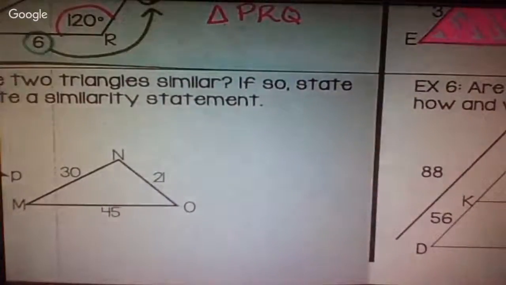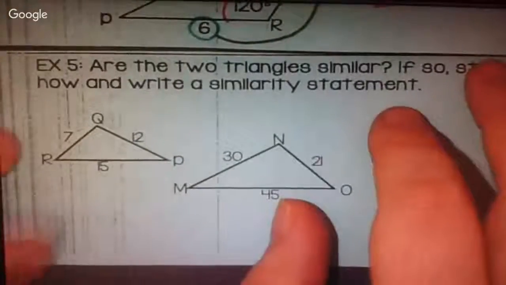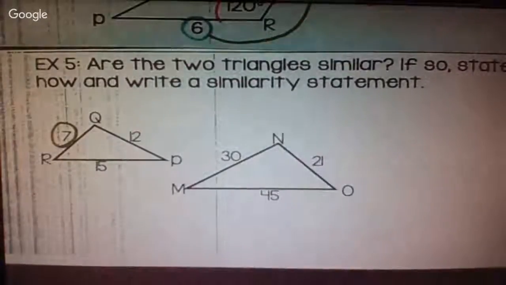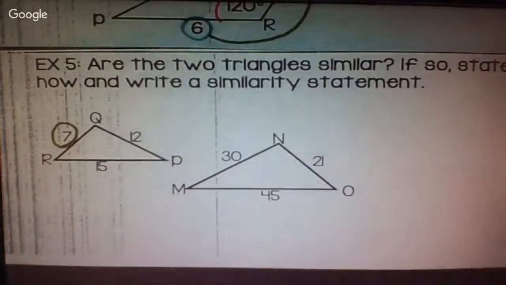Okay, so if I've got side 7 on this triangle, what's that going to go with on the other one? 21. Why 21? It's on the opposite side, flipped.